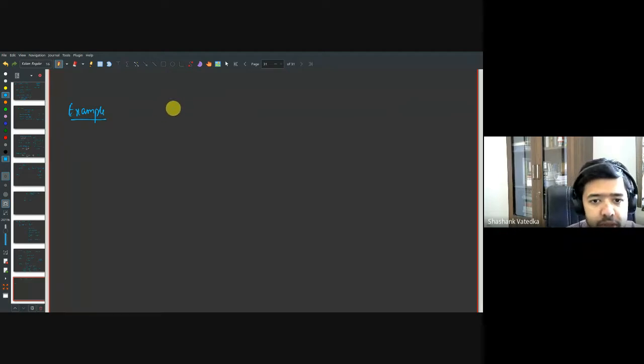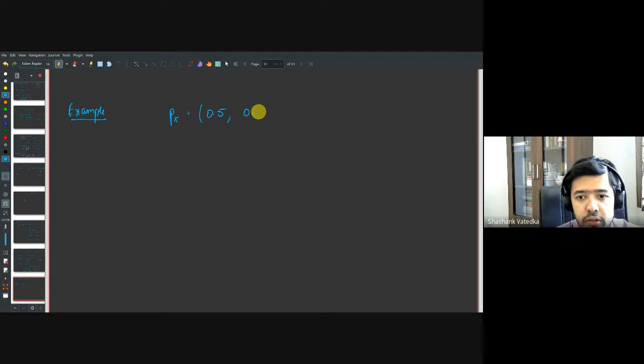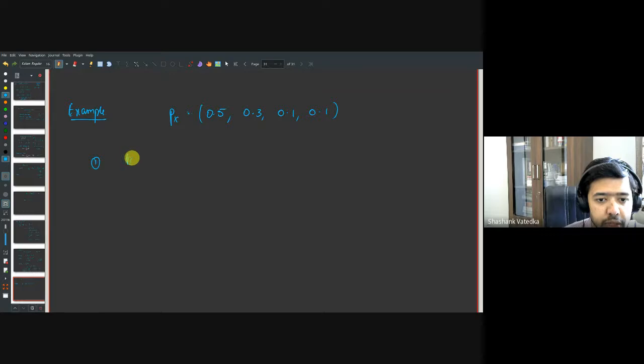Let's take 4 symbols. So p of x is going to be, let's say, 0.5, 0.3, 0.1, 0.1. This is my p of x. Now the first step is to compute f bar of x.